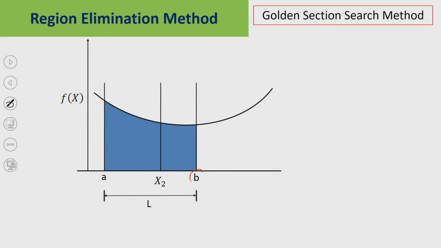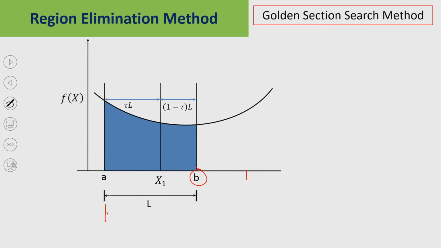Now, this will be my B. Earlier B was somewhere here and it was x 1, now this is my B and the new length, that is the distance between A and B, is L now.